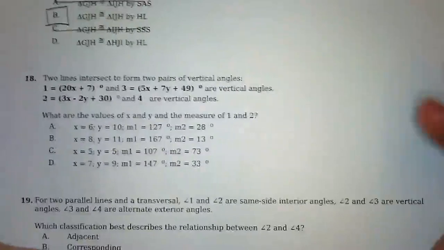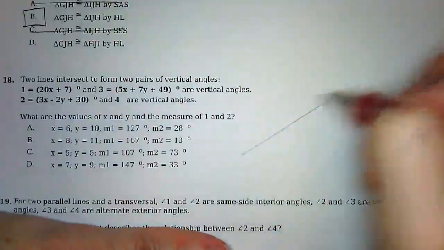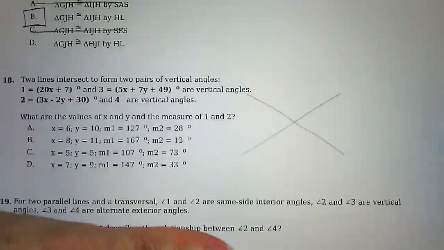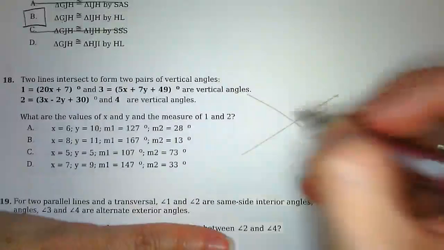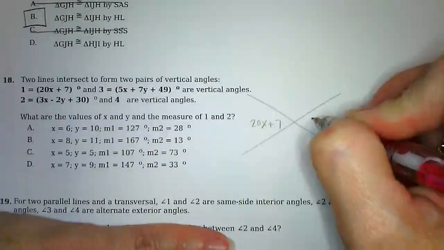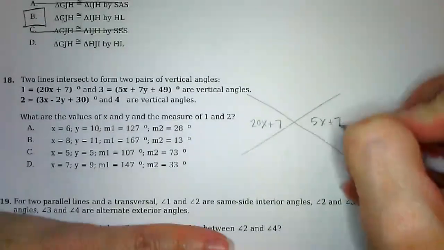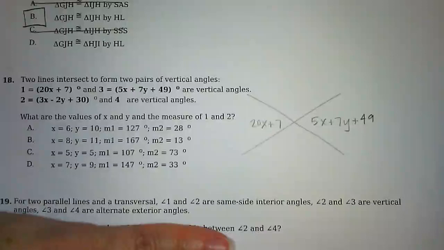All right, number 18. Two lines intersect to form vertical angles. All right, so we have vertical angles right here. 1 and 3 are vertical, so that means that this one and this one are equal to each other.